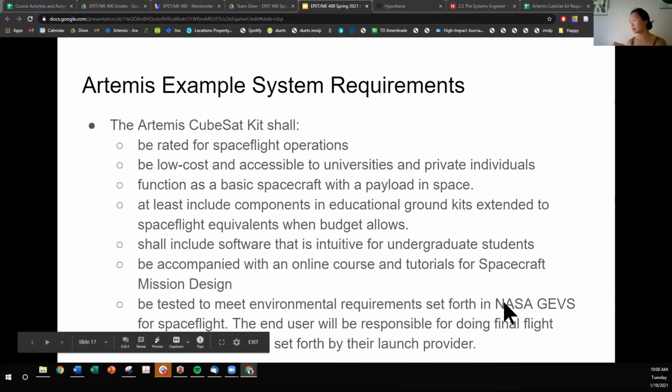You'll notice NASA GEVs, I don't remember what G stands for, but Environmental Verification System? Anyway, NASA GEVs are commonly referenced because these are environmental requirements that are ubiquitous for things that we send to space.